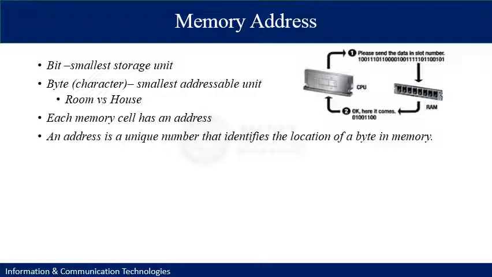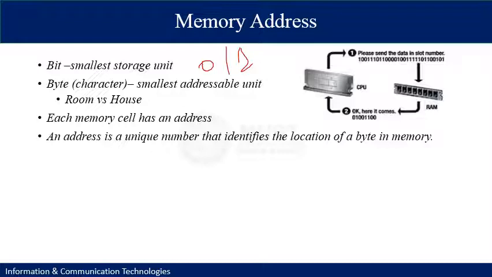So to access the memory, you must have the access to the location of the data in the memory slots. And the smallest possible memory slot in the computer memory is the bit. So bit is the smallest storage unit, and it is often referred to as 0 or 1.